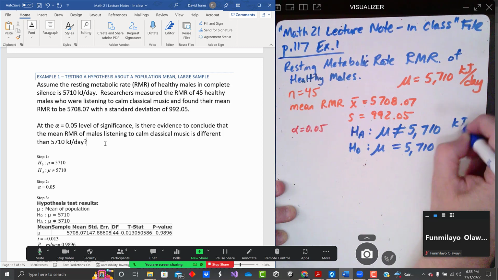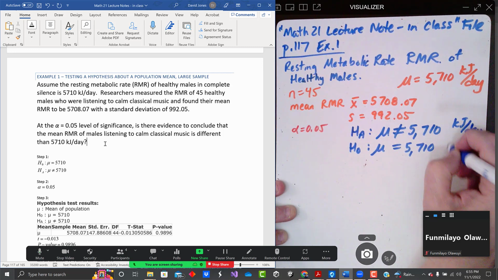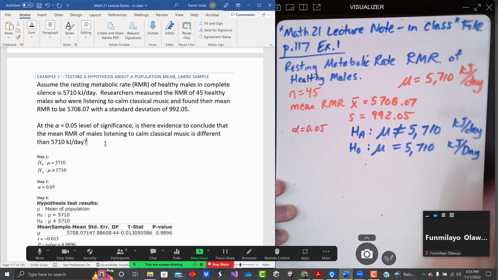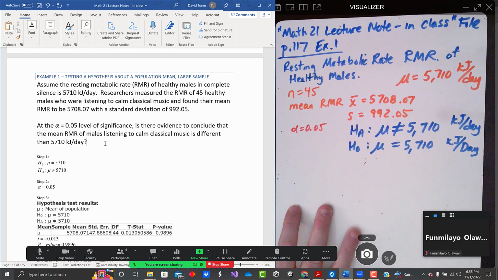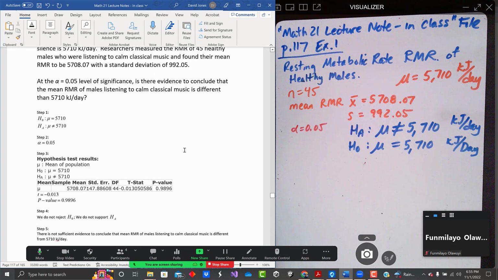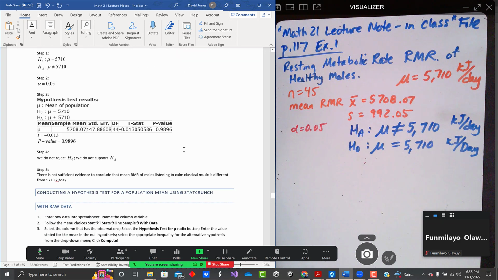And the computer won't let us put kilojoules per day in, but I'll make a note of it so that when I make my concluding sentence, it makes sense. Now you can see the lecture notes has the rest of it, but we're going to walk through it ourselves.